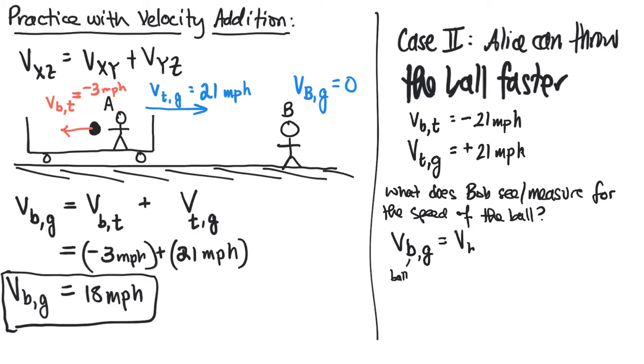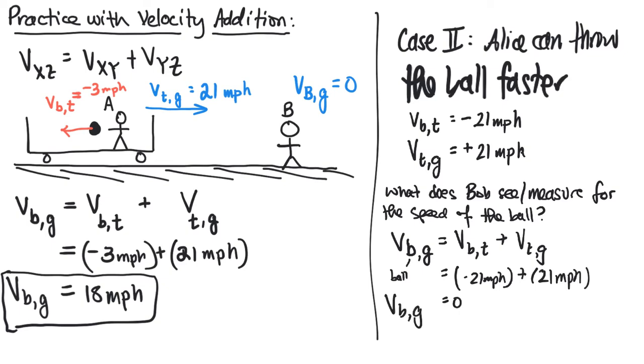Well, just like before, it's ball relative to train plus train relative to ground, and that we just said was minus 21 miles per hour plus 21 miles per hour, which is 0. So that suggests that the ball is not moving relative to ground.